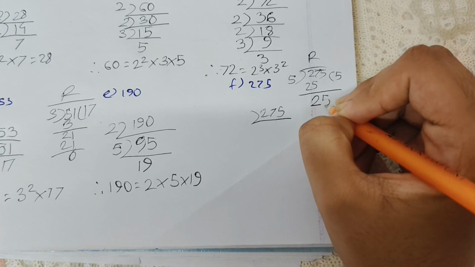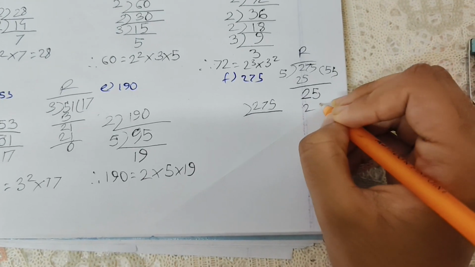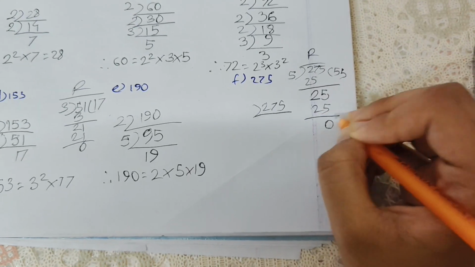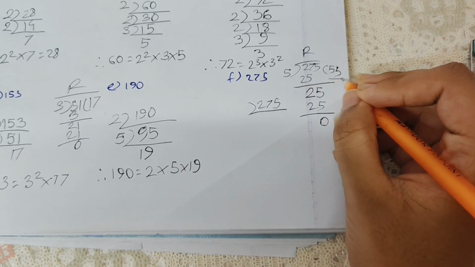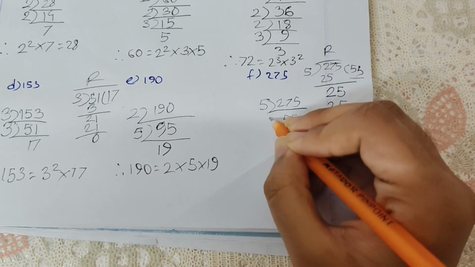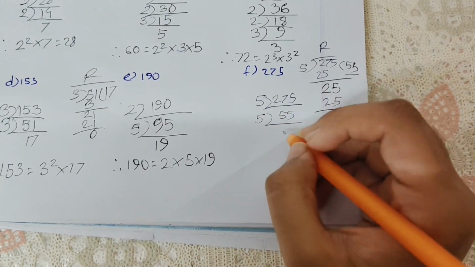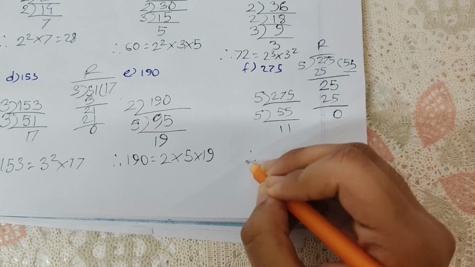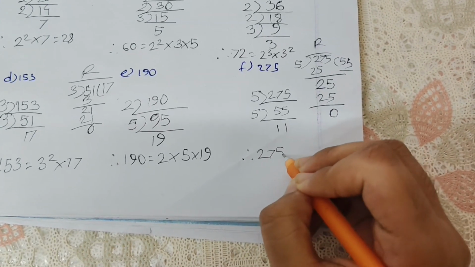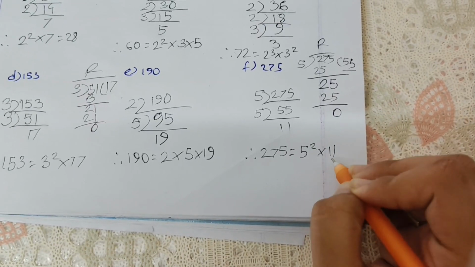We bring 5 down, multiply 5 with 5 again, and thus we get 55 as our answer. 55 is divisible by 5, leaving us with 11. Therefore, 275 is equal to 5 square multiplied by 11.